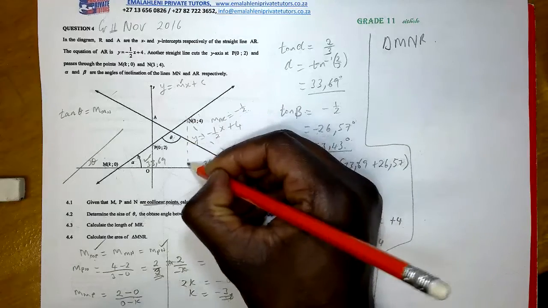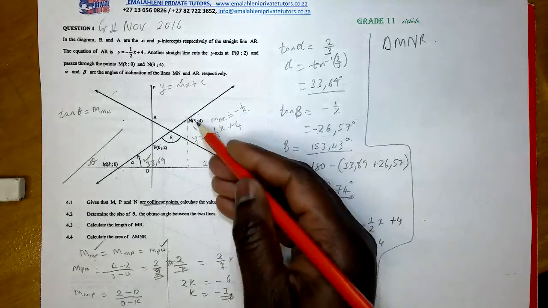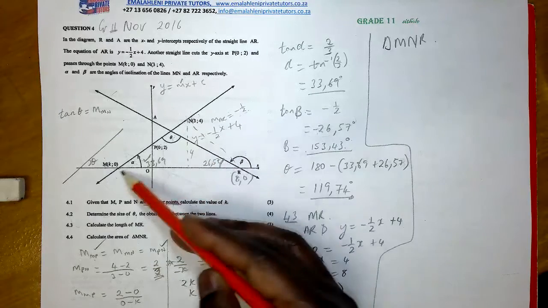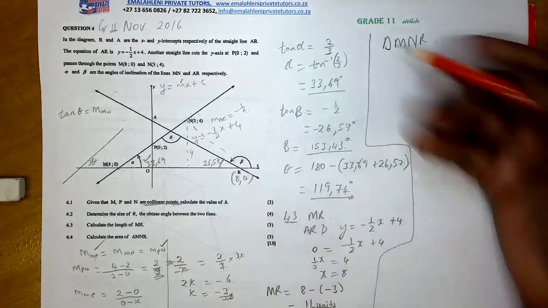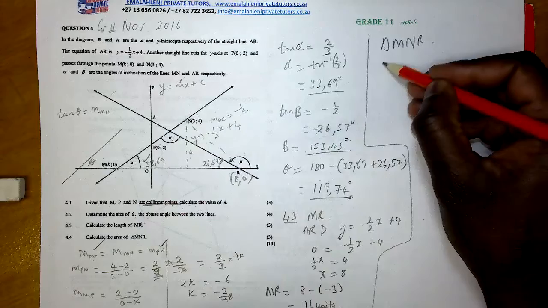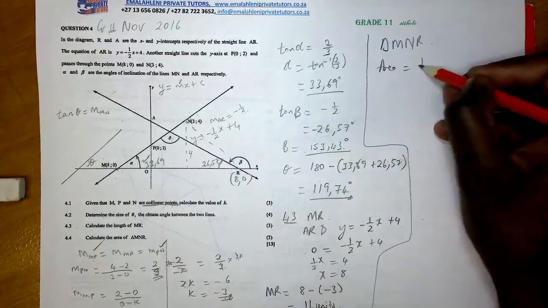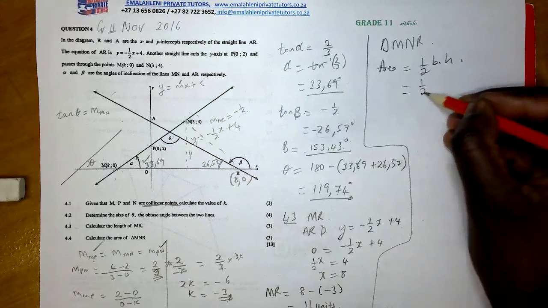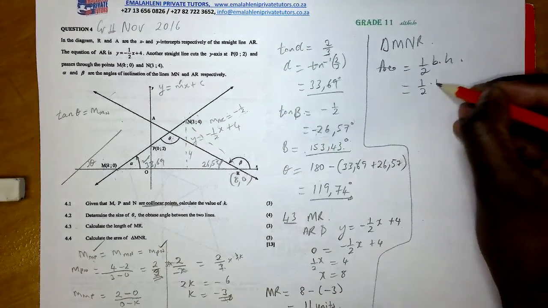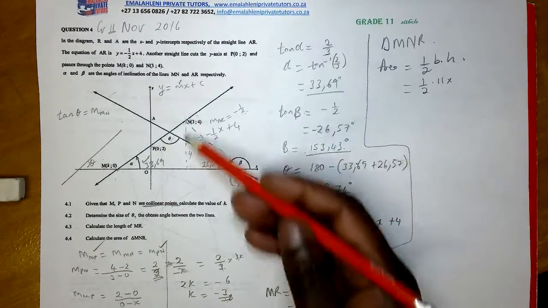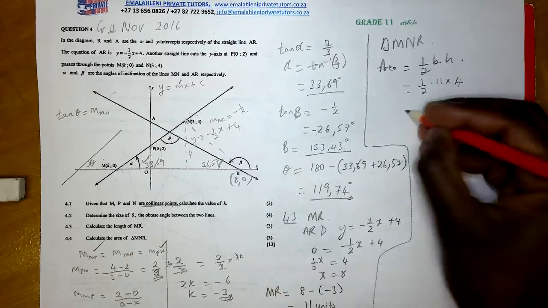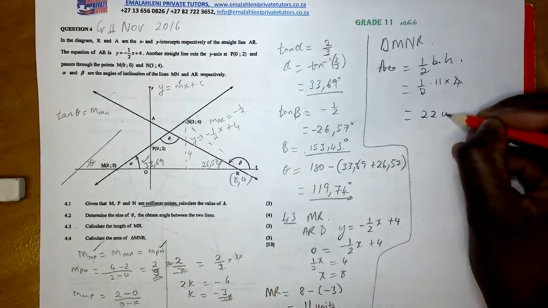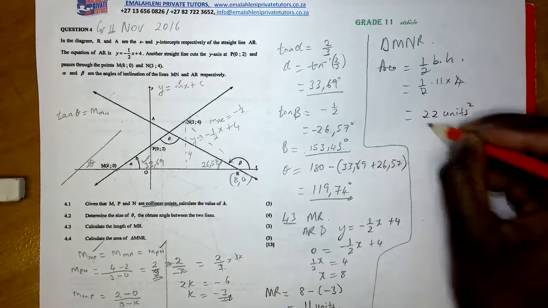For the perpendicular height we take the value of y, which is 4 units. Then we have MR already, which is our base. So area is half base times perpendicular height. Our base is 11 and our height is 4, so half times 11 times 4 gives us 22 units squared, because it's area.